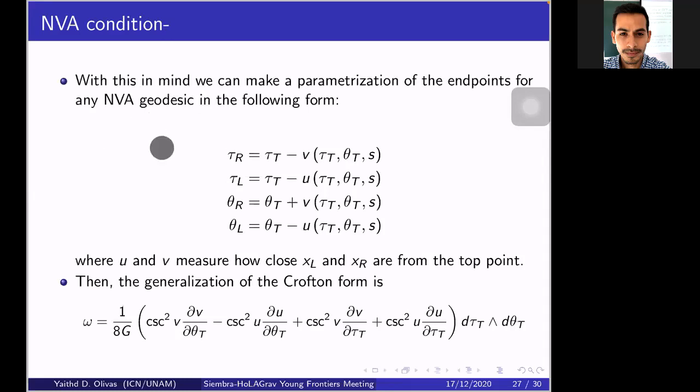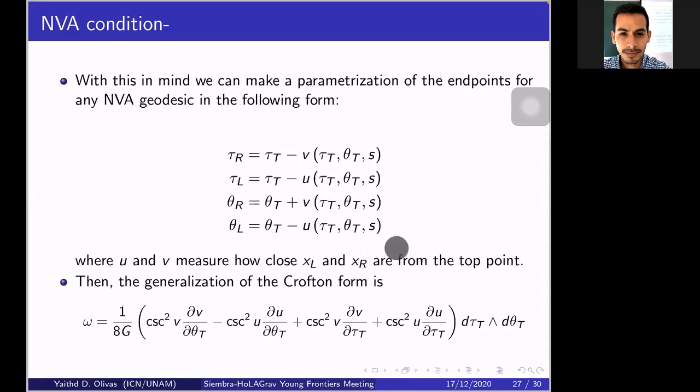So with this in mind, we can make a parametrization of the endpoints of any NVA geodesic. And instead of using the endpoints of the geodesic, we can use the location of the top point of this null plane to consider all the redundancy of the previous problem. And the specific parametrization that we use is this one, where u and v measure how close we are from x_L and x_R, how close we are from the top, I mean.